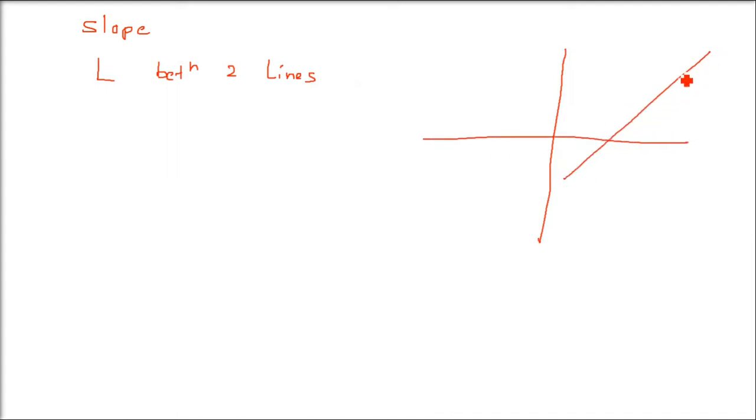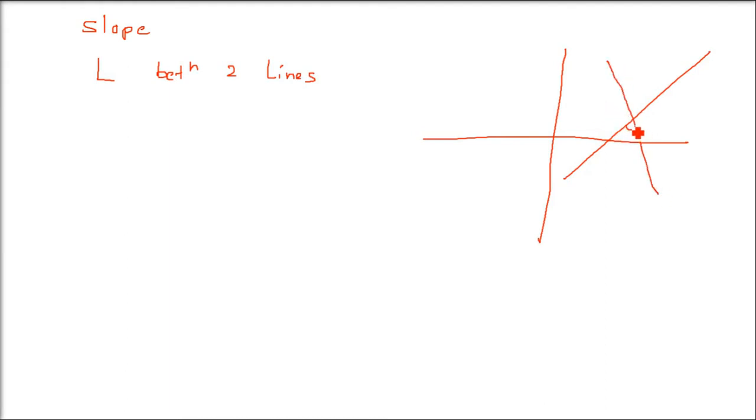Now since we know this slope, we can find the angle between 2 lines. So the angle theta between 2 lines having slopes m1 and m2 is given by tan theta equals plus minus m2 minus m1 by 1 plus m1 m2. Let me show you how. See, we have 2 lines here on the coordinate axis.